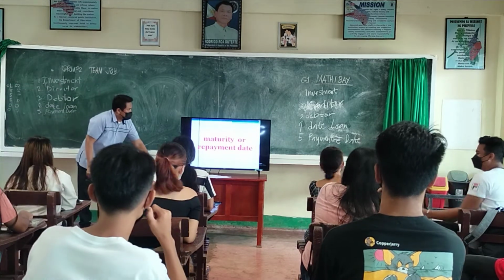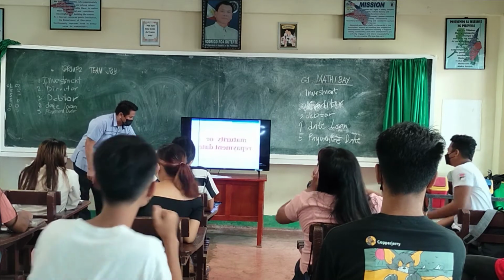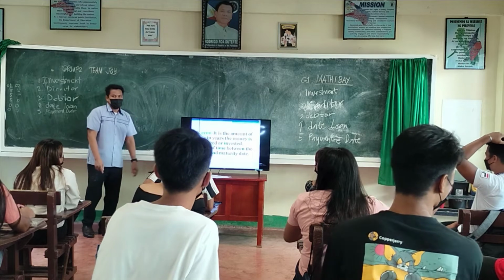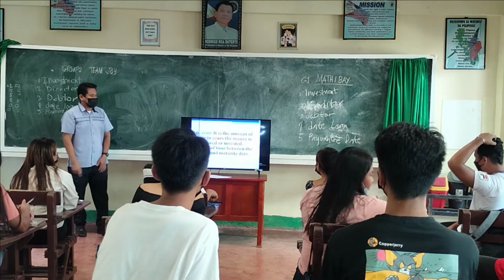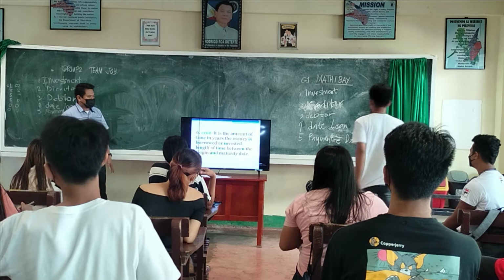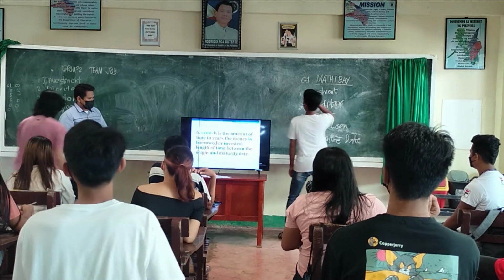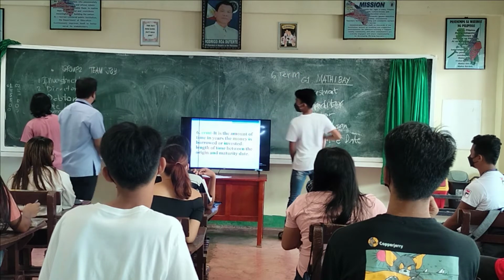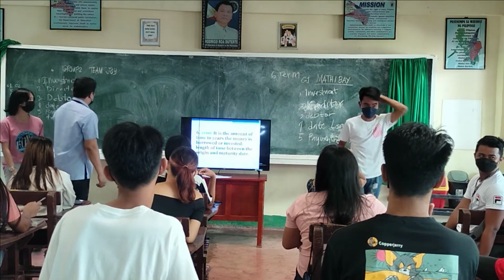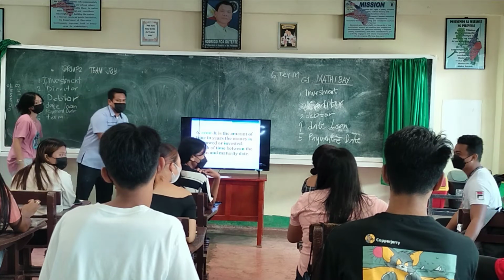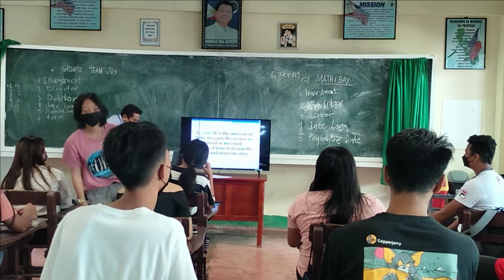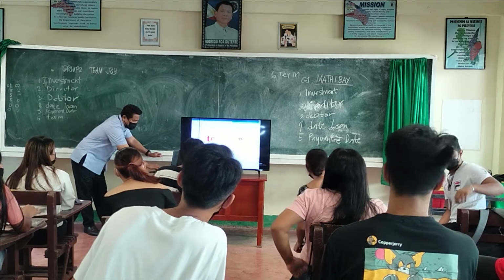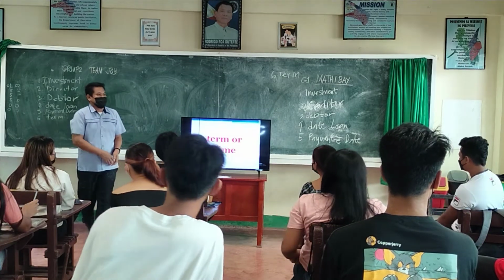Question number 6. It is the amount of time in years the money is borrowed or invested. Length of time between the origin and maturity date. Go. Let us see if your answer is correct. Term or time.